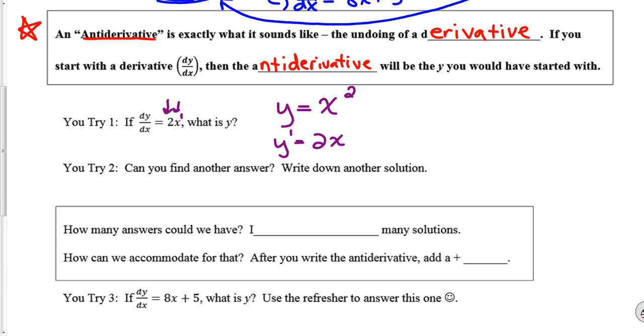Now, you try 2. Can you find another answer? And I'm asking you to write down another solution. And if off the top of your head you can't think of one, go back and look at that refresher that we did and see if you can come up with another solution. So another solution could have been something like 2x plus, hold on, let me check my refresher.